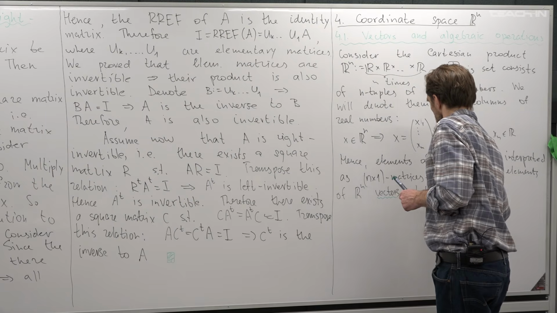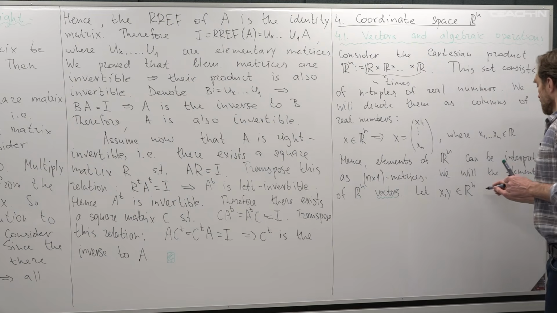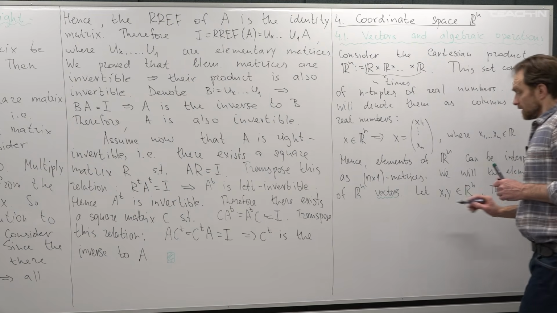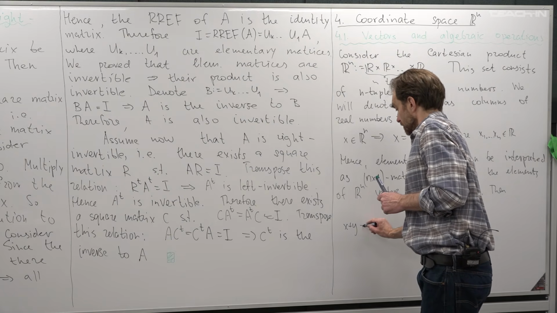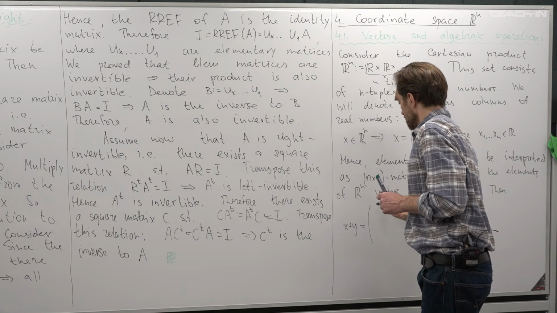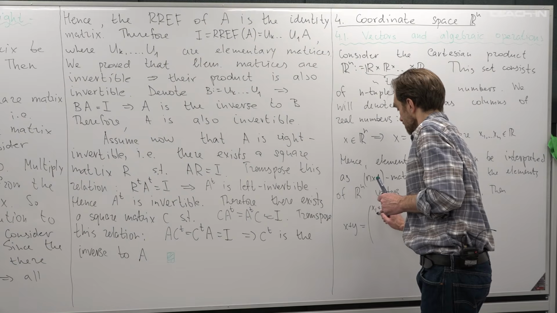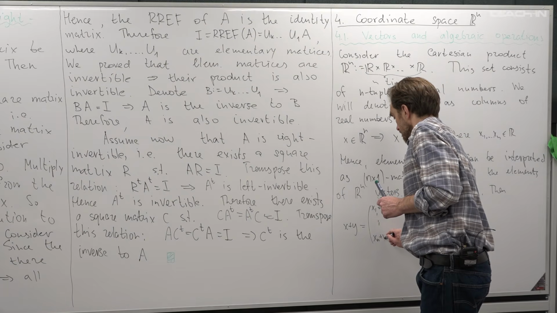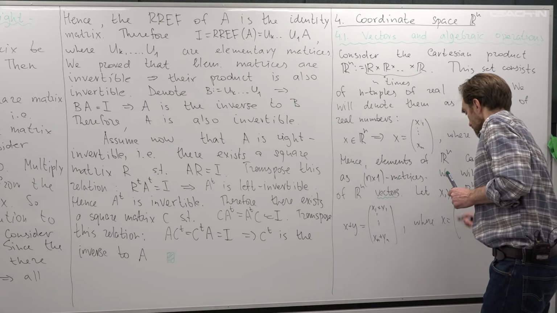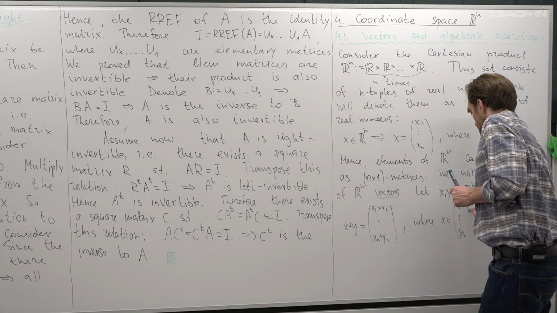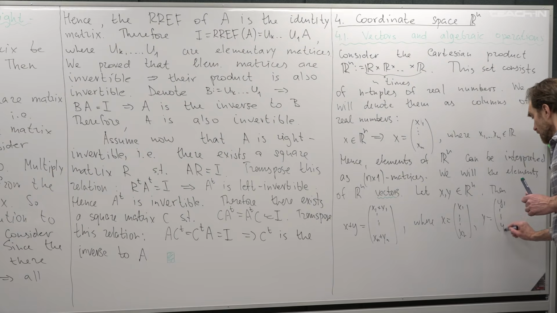Let x and y be two vectors, then according to the definition of matrix addition, x plus y is the column vector where the first component is x1 plus y1, etc., xn plus yn, where x consists of x1, etc., xn, and y consists of y1, etc., yn.